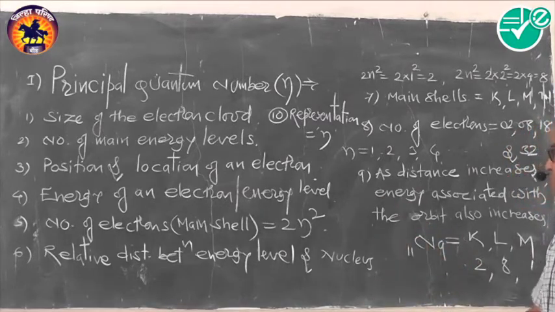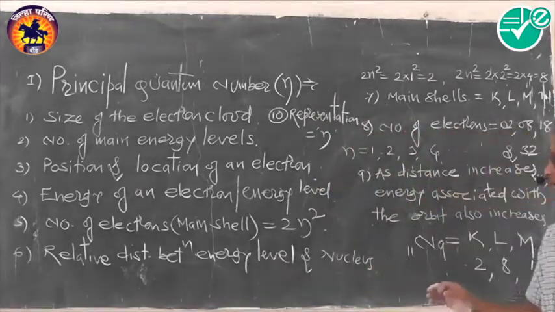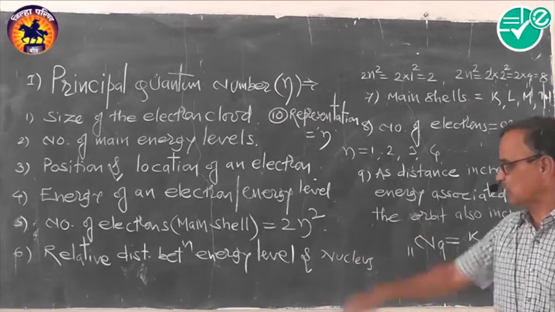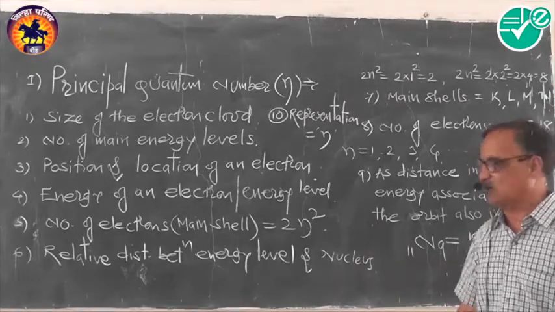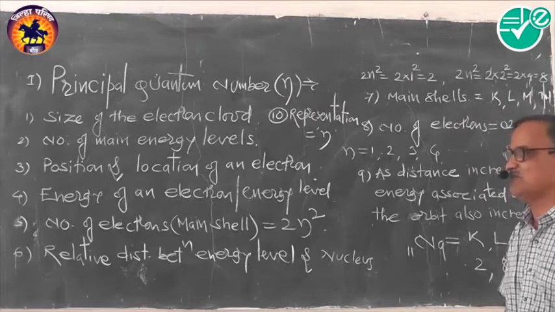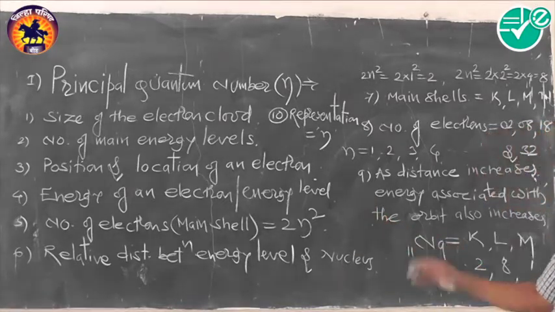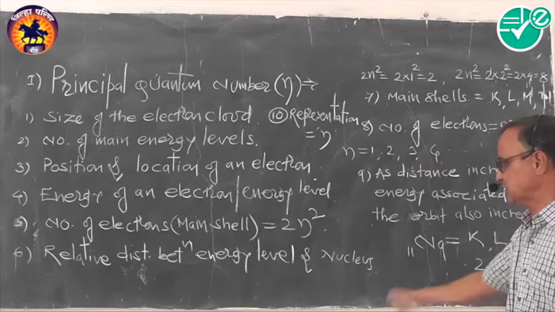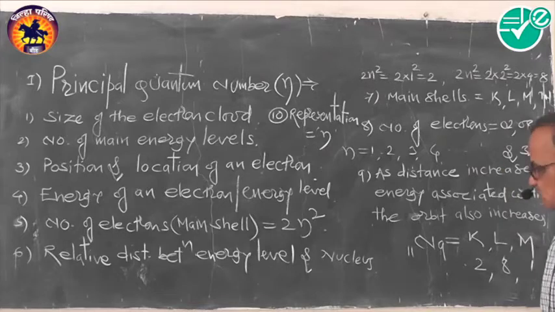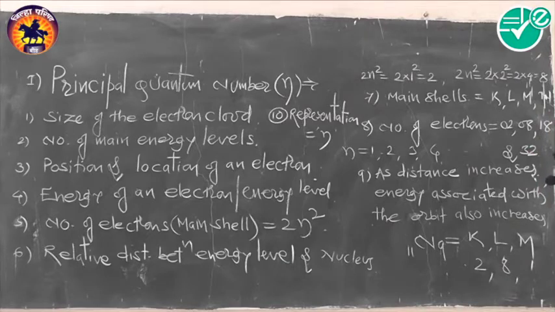Fourth, it gives the exact energy of the electron and the energy of the energy level. Fifth, on the basis of this quantum number we can calculate the number of electrons present in the main energy level by the formula 2n square, where n is equal to 1, 2, 3 and 4 respectively. It also gives the relative distance between the nucleus and the outermost energy level or outermost electron.